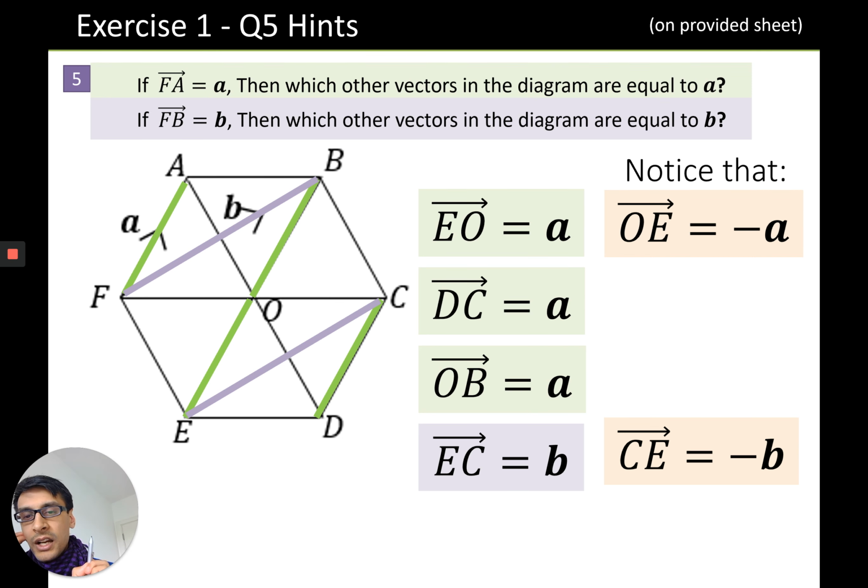Now, what's important here is I've just done this for illustration purposes, but if I actually drew the vectors on here, I would have to have an arrow showing which direction I'm going and which direction is positive.